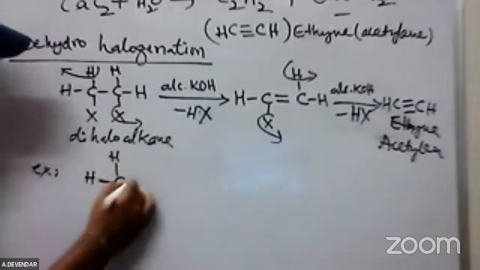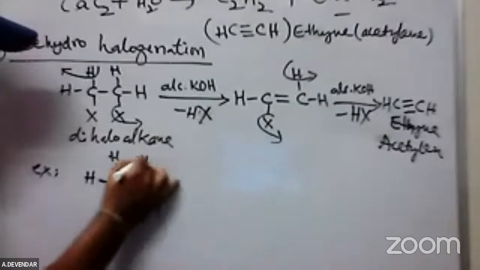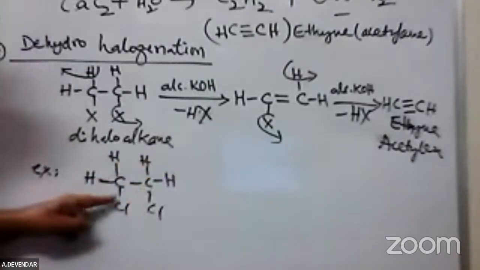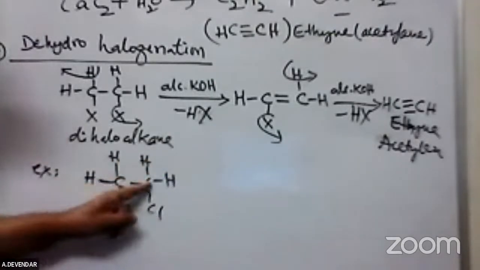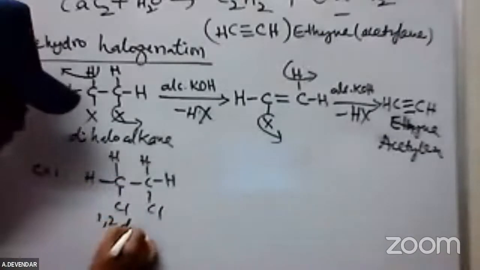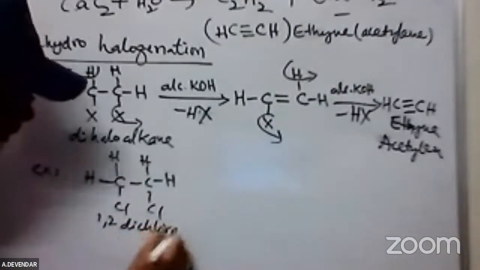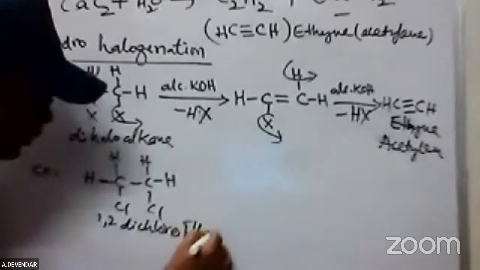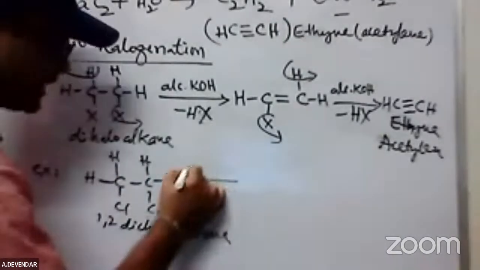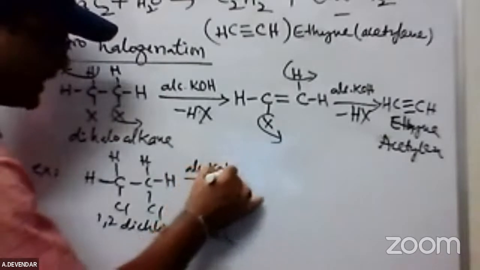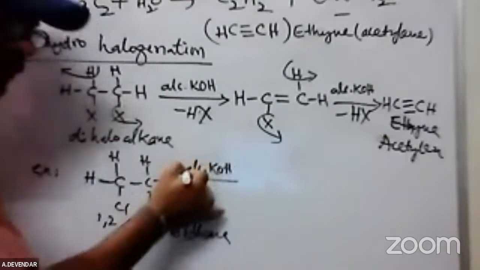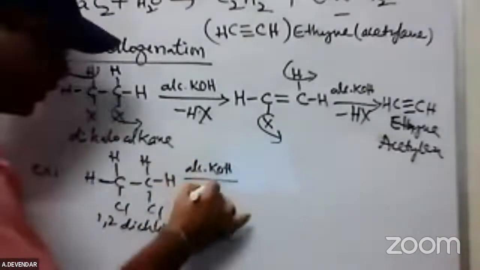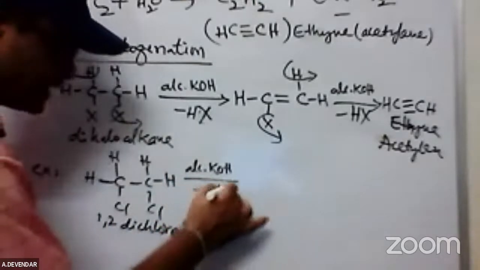The example is CH chloro, CH chloro. The name is 1,2-dichloro, first position, second position. What is the number of carbons? Two, so ethane. 1,2-dichloroethane in the presence of an excess amount of alcoholic potassium hydroxide: removing two at a time, that means two HCl are removed.